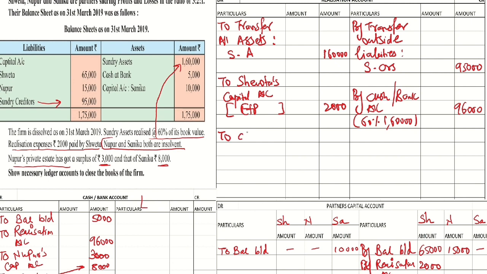So to cash bank account, because the rule is that you have to pay outside liabilities before we close accounts, that is 95,000, by realization account 95,000.